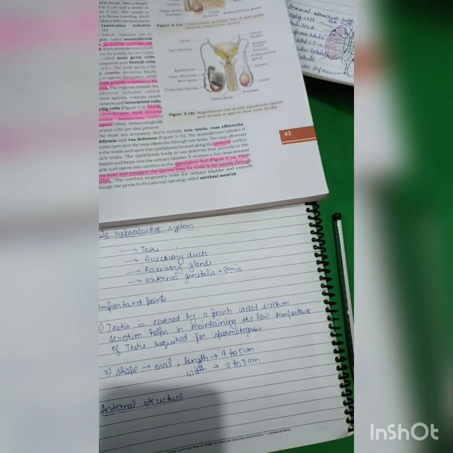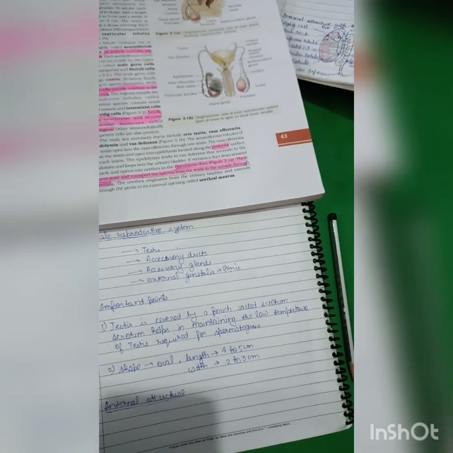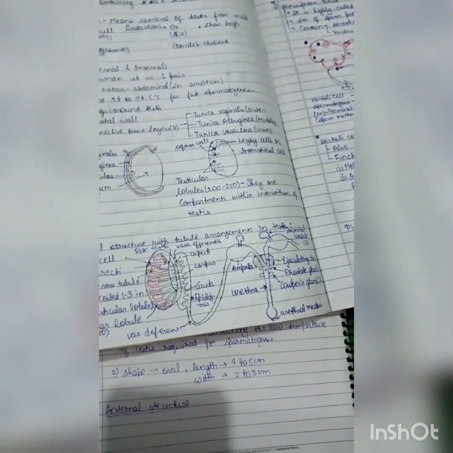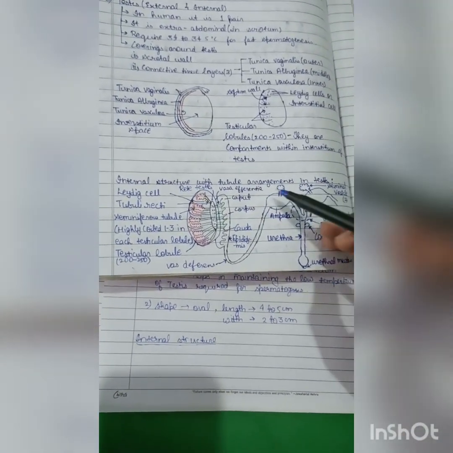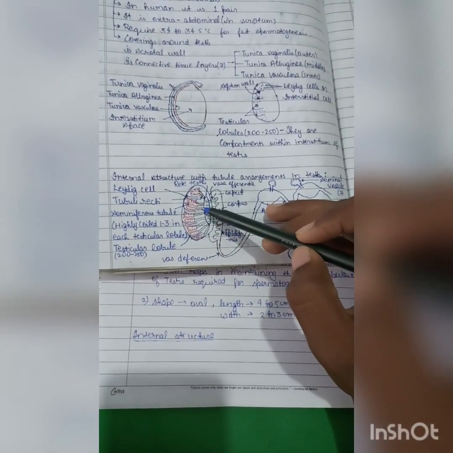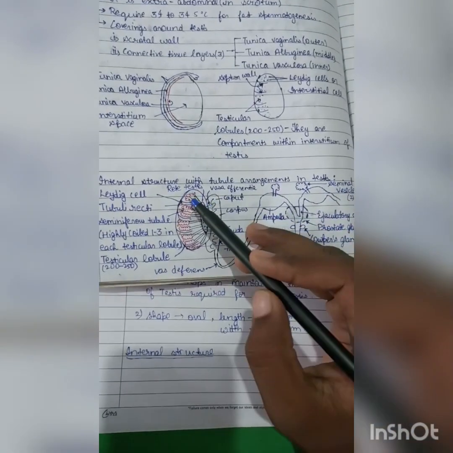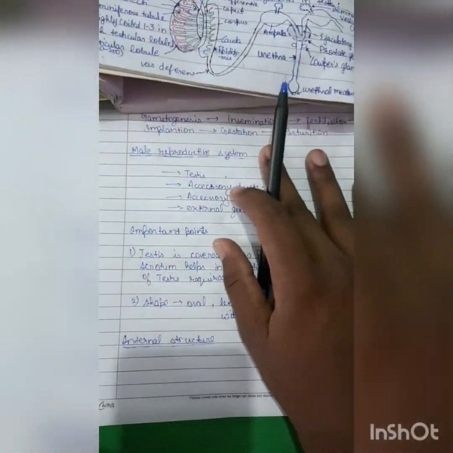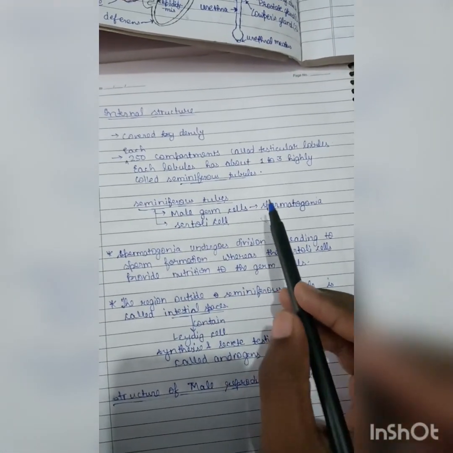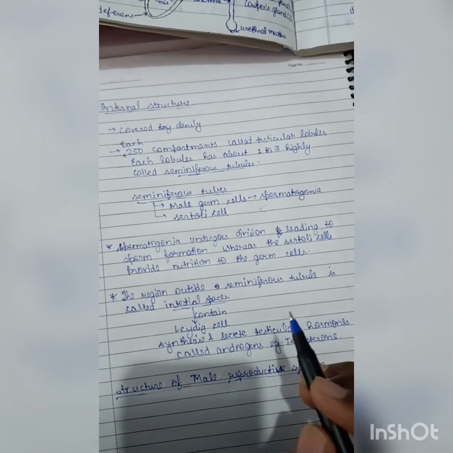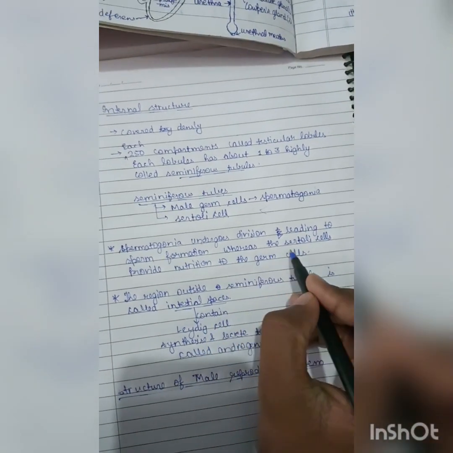Let's take the help of a simplified diagram. This is a simplified diagram of the male reproductive system. This is the testis, we already discussed it. We already wrote that the sperms are produced inside the seminiferous tubules.